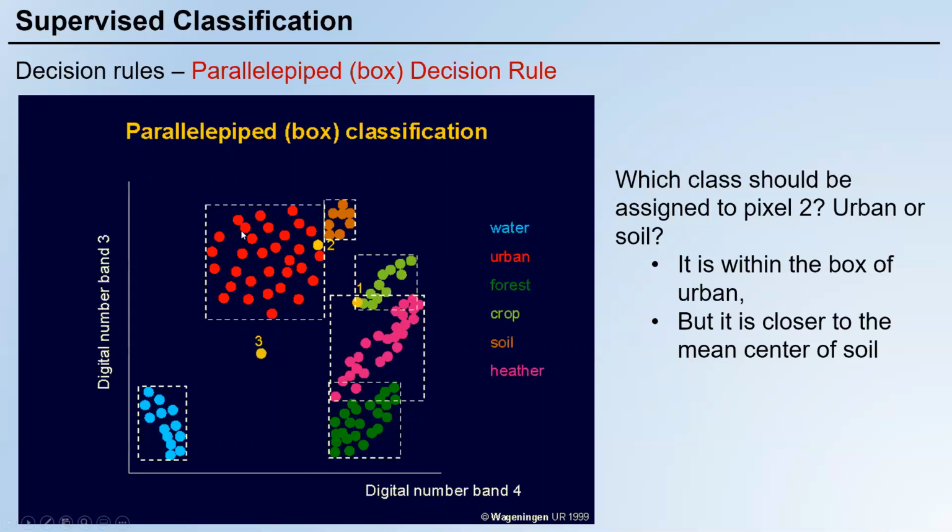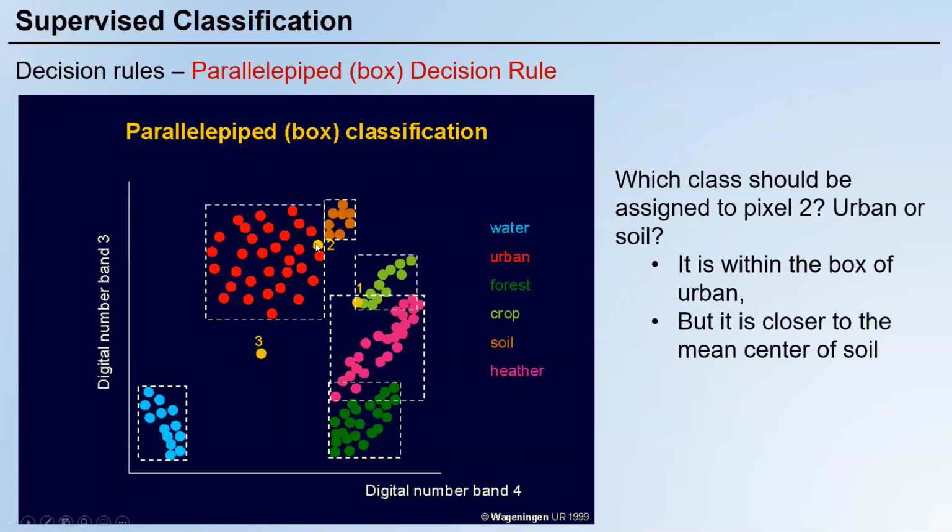But on the other hand, if we are following the logic of box classification, pixel 2 should definitely be included in the urban class. Like I said, it's not always perfect, but if you are carrying out box classification, then for sure pixel 2 is urban. But you should know there are also other methods to consider.